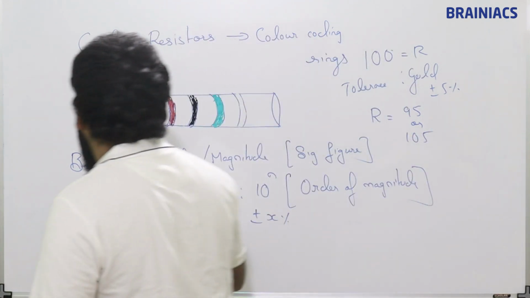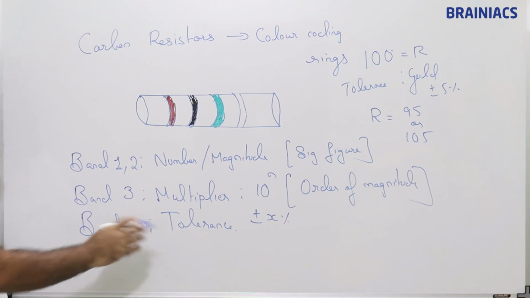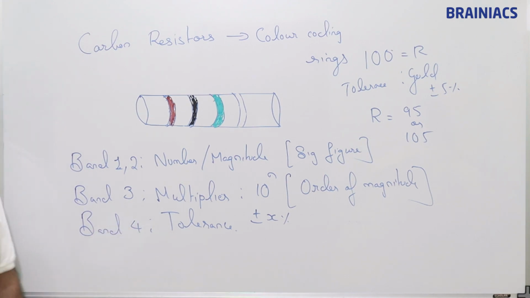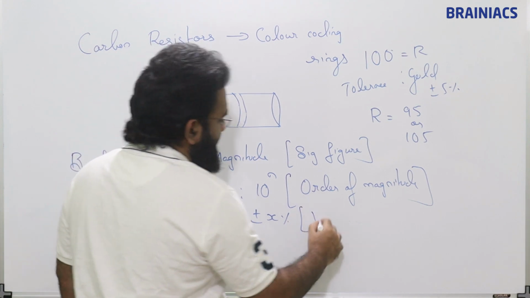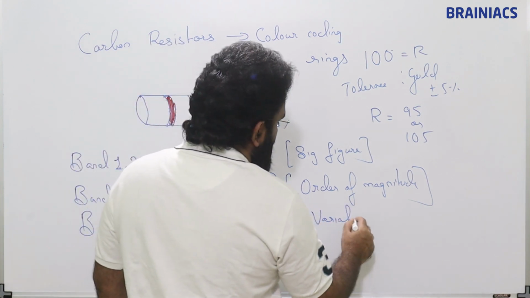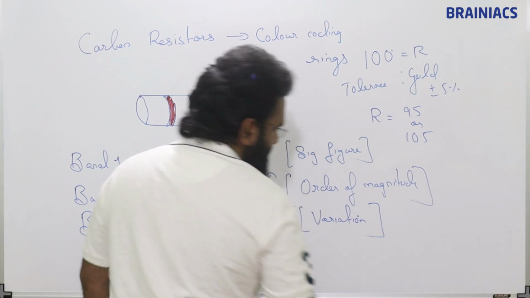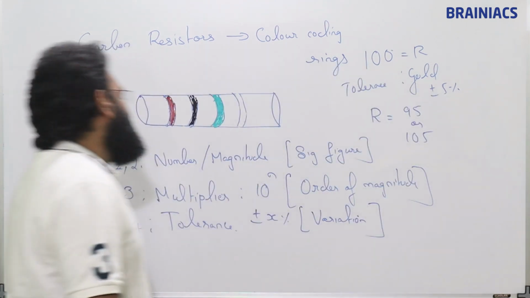So 5% can be added or subtracted from that. This is nothing but variation in percentage from the given value. So we can write like this: variation from the calculated value. Note it down.